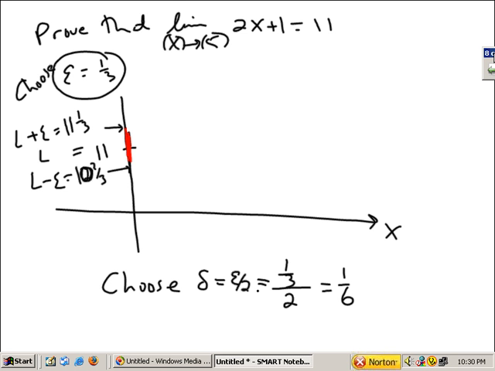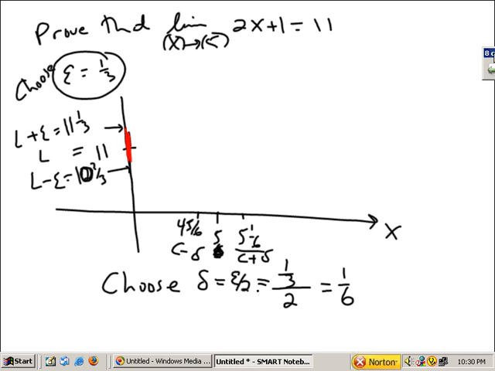Now, if you go to 5 and you add a sixth, this here is delta. This here is c. This is c plus delta. And over here, we're going to put 5 minus 1/6, which is what? 4 and 5/6.